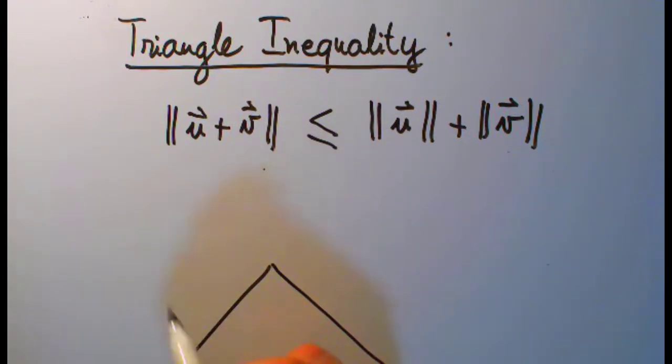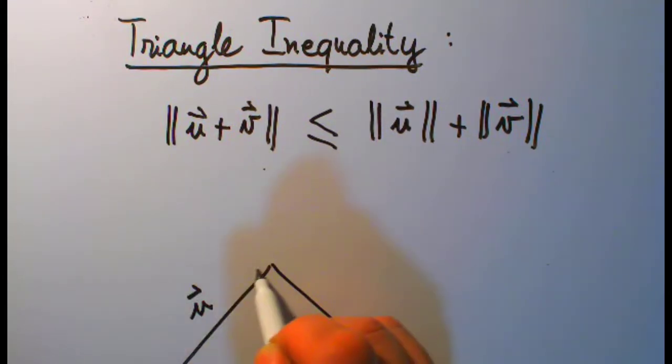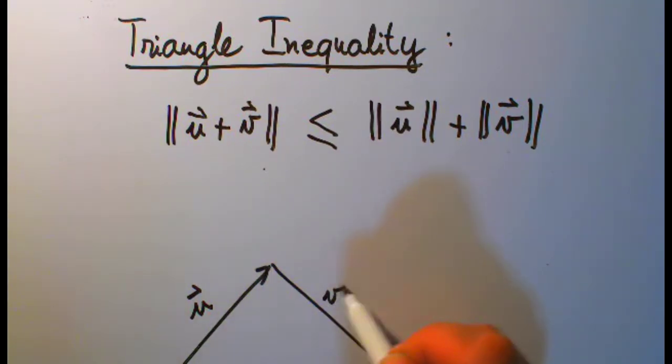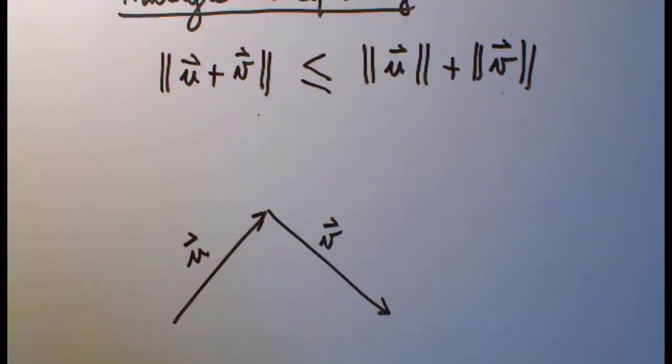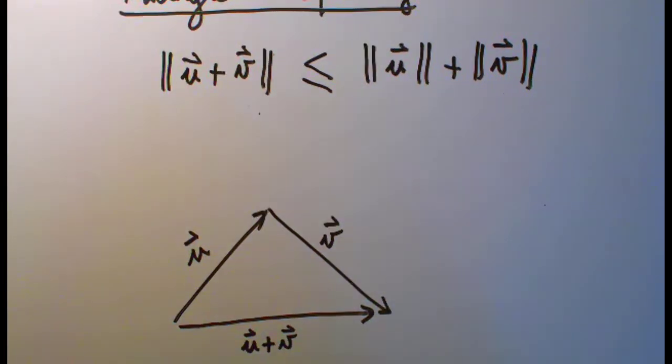We have a vector u going this way, a vector v going this way, and this vector here is the vector u plus v. In the end, the figure together is a triangle.